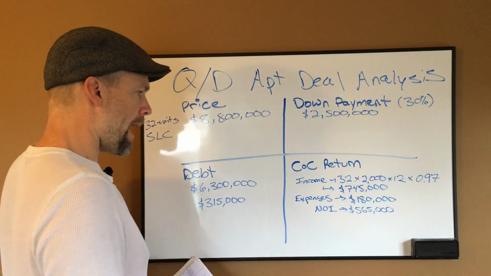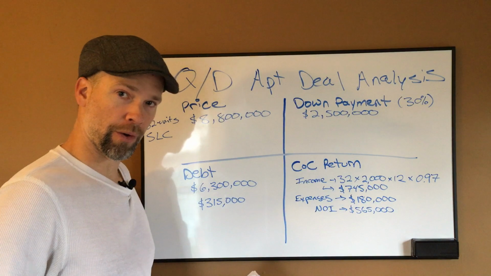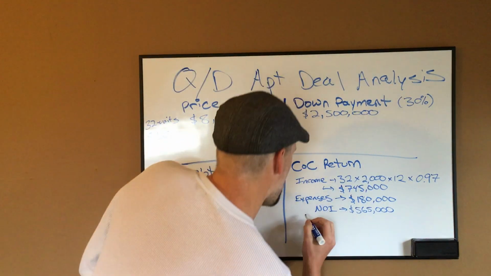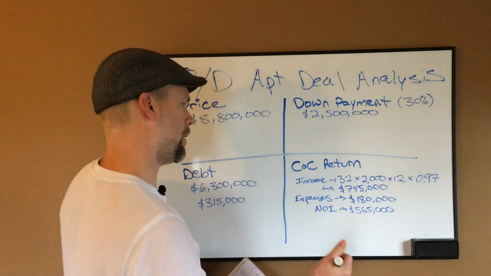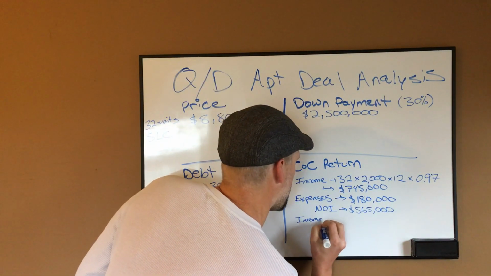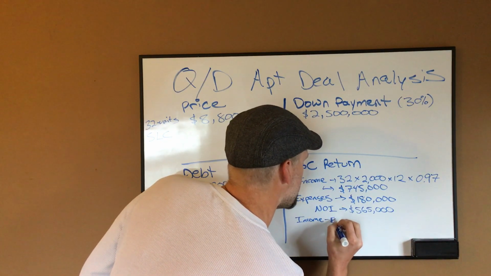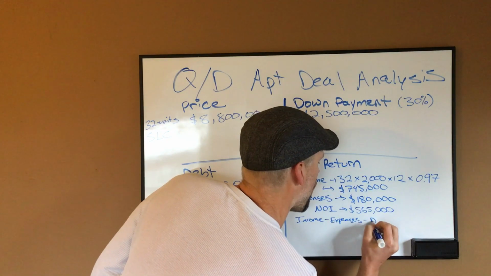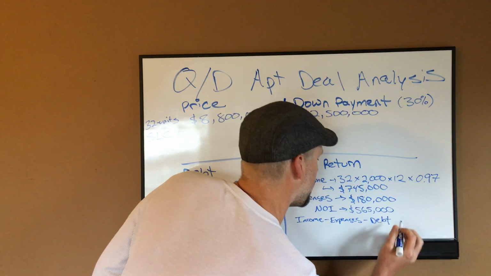Okay. Now, in order to get cash on cash return, we need to know income minus expenses minus our debt service. Okay.